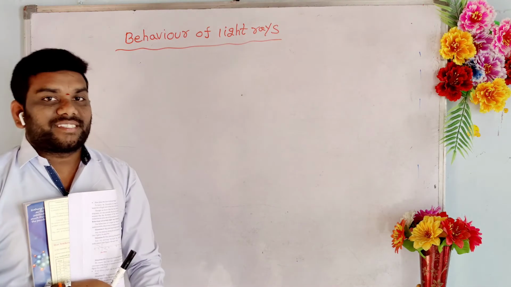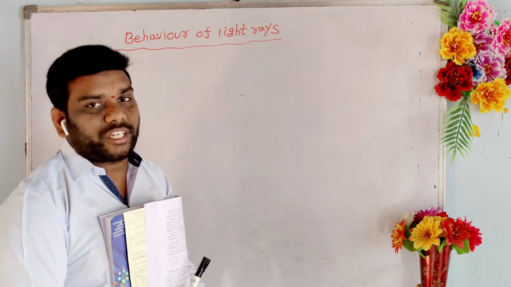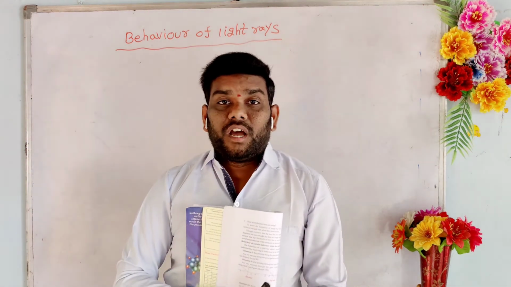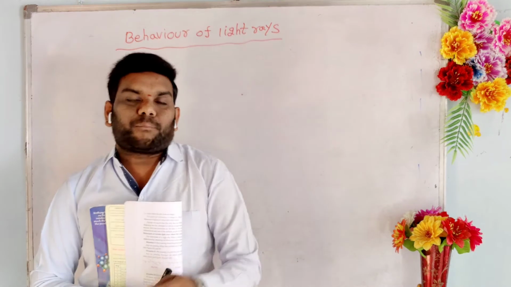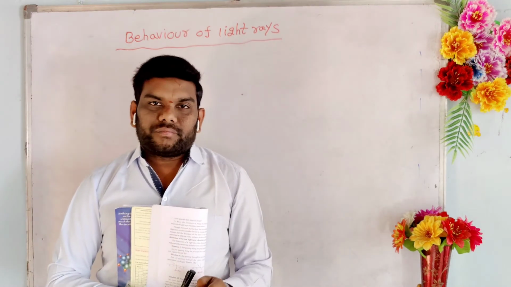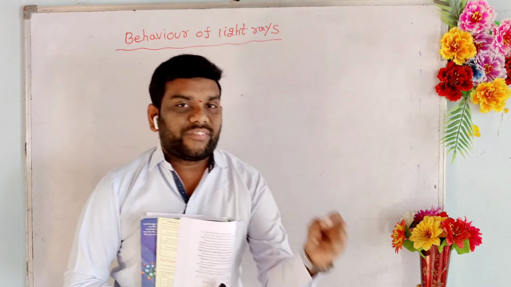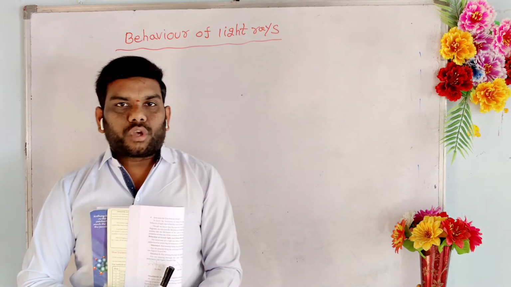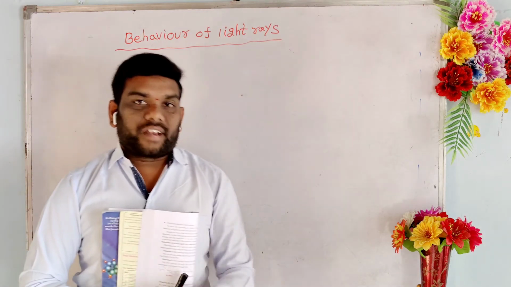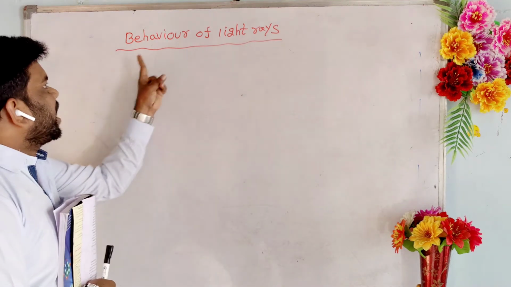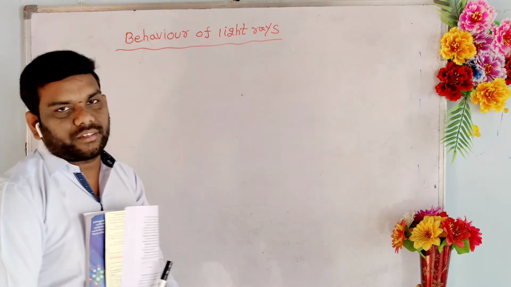Behavior of light rays. Yes, it is a very important topic. From the starting point to the ending point, at which place the light rays converge and at which place they diverge. So before the rules of ray diagrams, the behavior of light rays is very important.